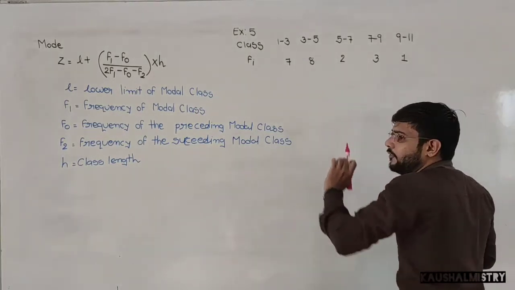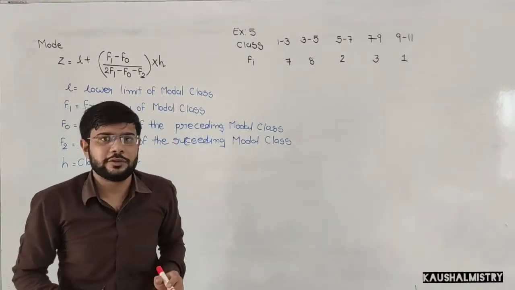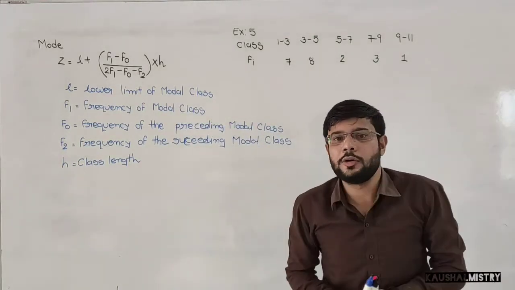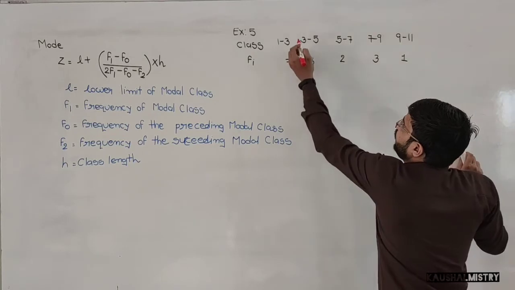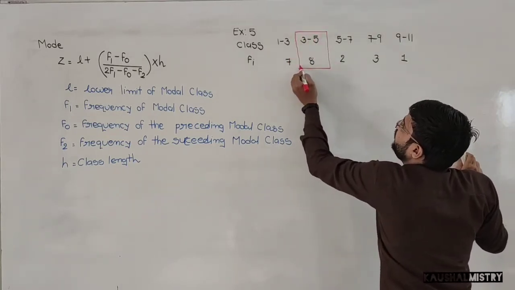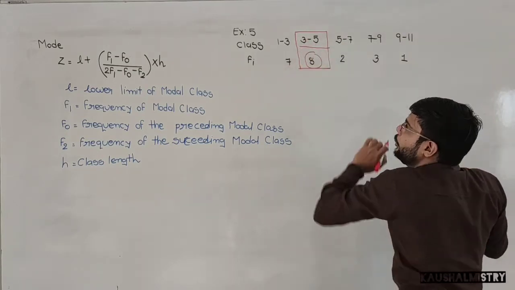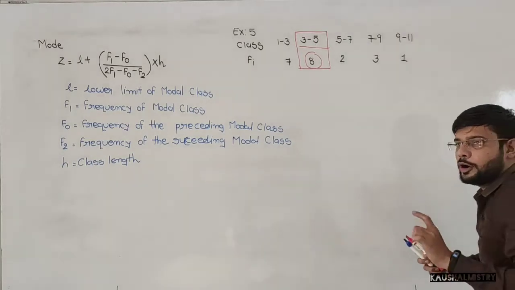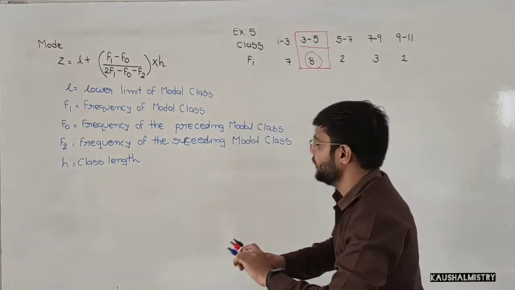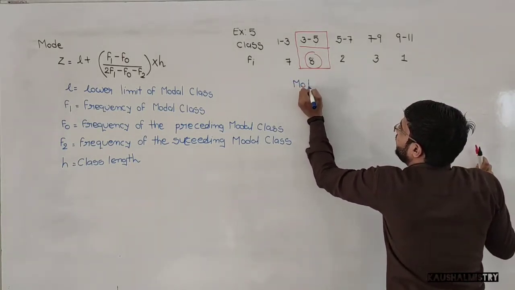Where the frequency is maximum, that class will be our modal class. मतलब जहाँ frequency सबसे ज़्यादा होगी, वो class हमारा modal class होगा. Here the frequency is highest, so 3-5 will be our modal class.